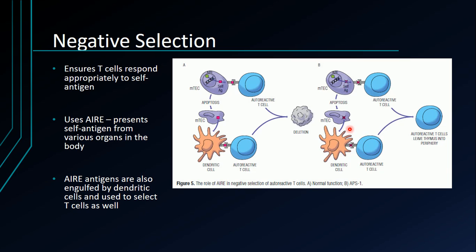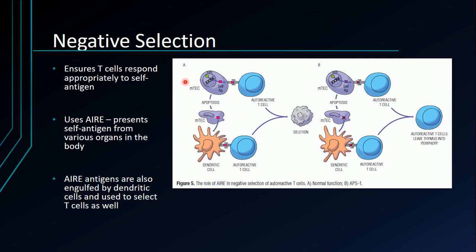There's this protein AIRE, which stands for autoimmune regulator, AI for autoimmune, RE for regulator. AIRE collects self-antigen from various organs around the body and then presents it to these T cells in what we call negative selection. Here you can see the T cell is reacting to the self-antigen, that's self-AG in the image, and when it reacts, it is deleted.